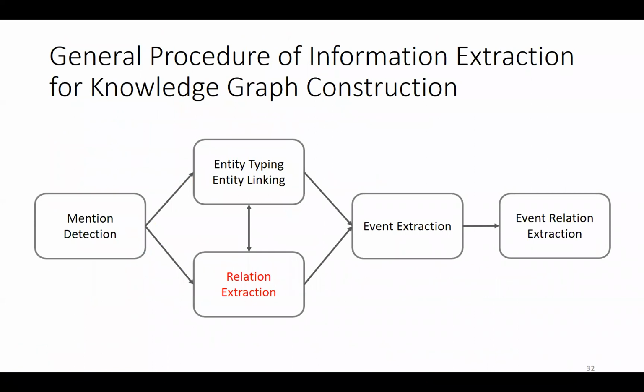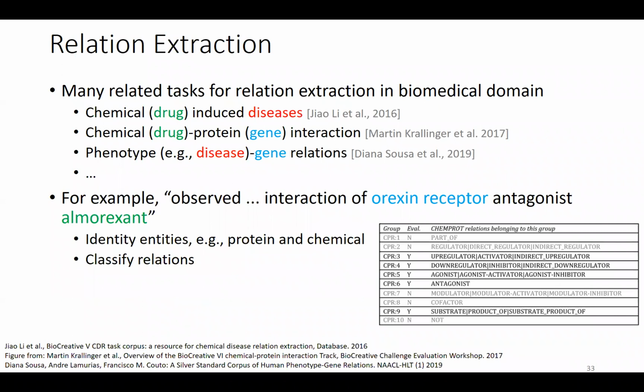So given the entities, we also want to know what the relations between each other are. And this is what relation extraction does. The task of relation extraction in the biomedical domain can have different subtasks. For example, to extract the relations between drugs and diseases, drugs and genes, or diseases and genes.